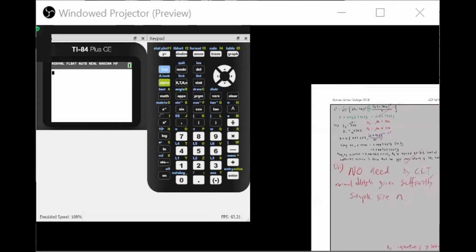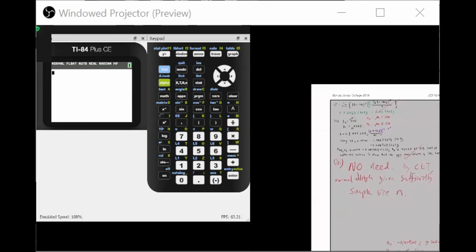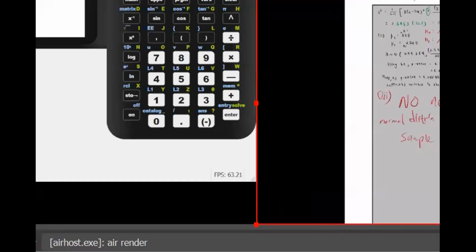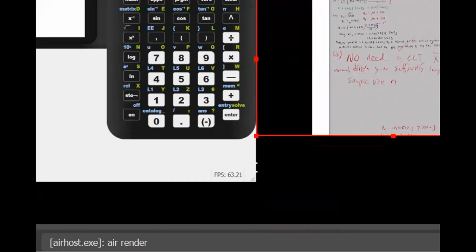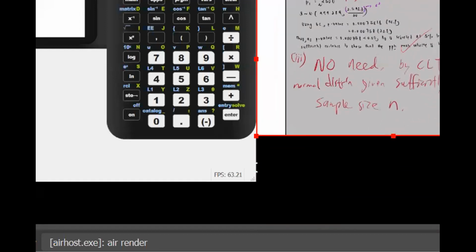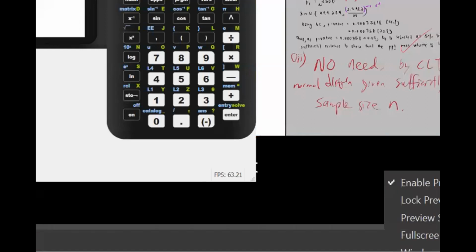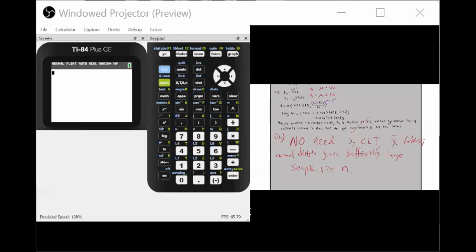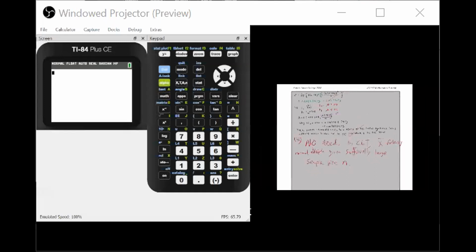Why is it not showing? Shrink it down. Is it better? Not really. Wow, this is challenging. Sorry, give me a moment to share the screen nicely. Okay, now it looks better.